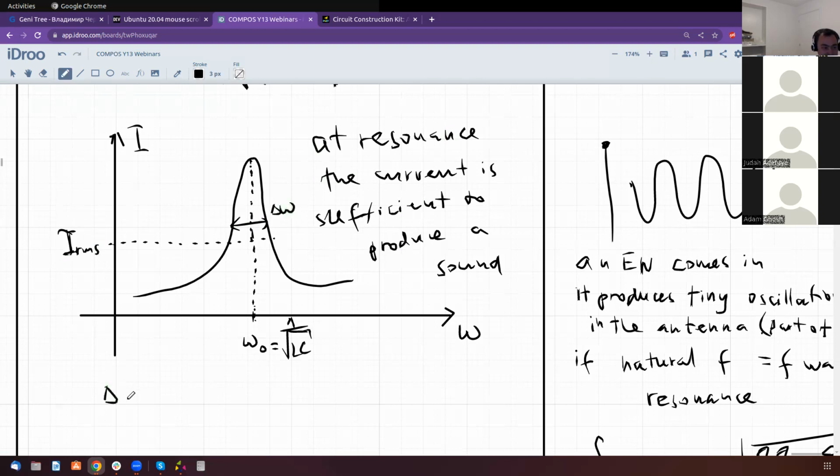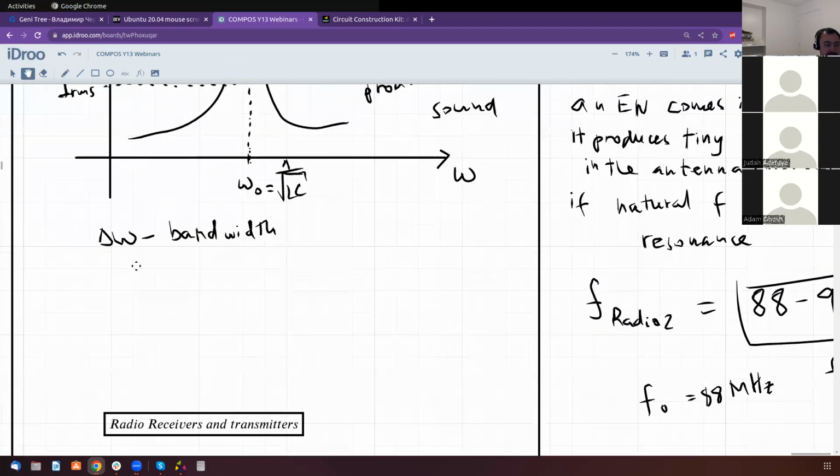And delta omega is called the bandwidth. So, for example, if you have radio stations like 88.7 megahertz, then the next radio station can only be at least one bandwidth away.